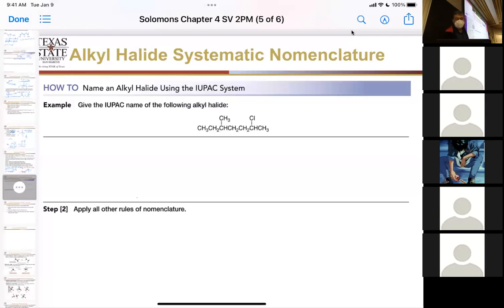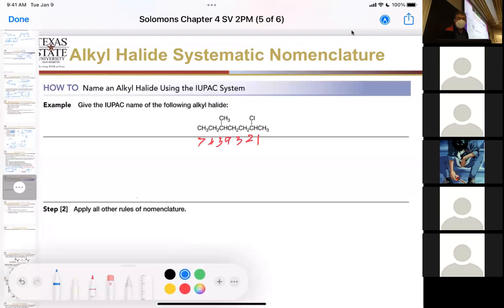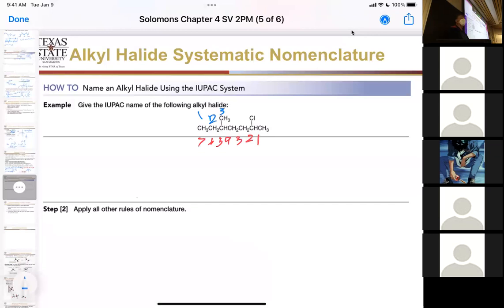In this case here, 1, 2, 3, 4, 5, 6, 7. And so we have a substituent on 2 and a substituent on 5 on this one. If we numbered it from the other side, it would be 1, 2, 3. Our first substituent would be on 3. Now we follow all the alphabetical rules.